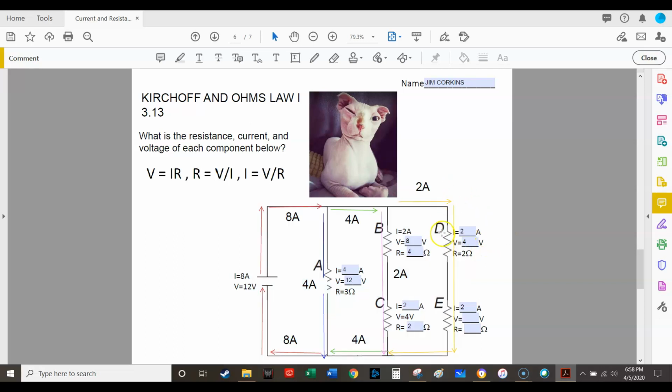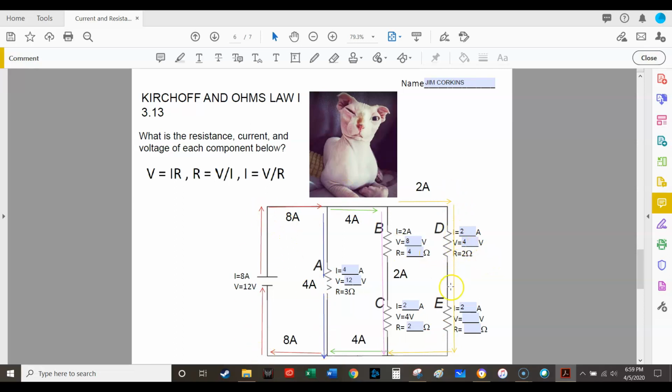And we could do a similar thing that we just did using Rule 3 for DE. DE is in parallel with the battery. We could also use this loop too to do it. We could do the larger outside loop, or we could do this inside loop, or we could just simply use a consequence of the third rule, which is if this is in parallel with this, the voltage here is the voltage here, is the voltage here.